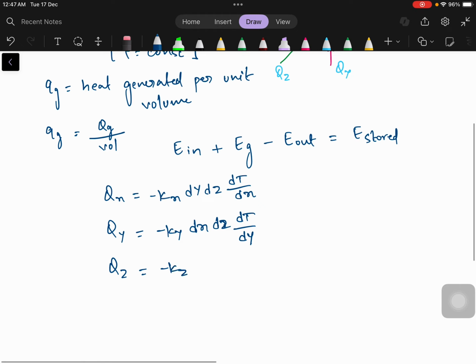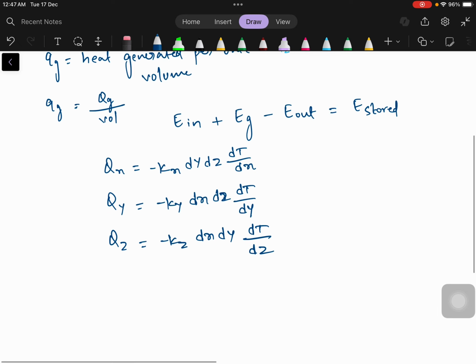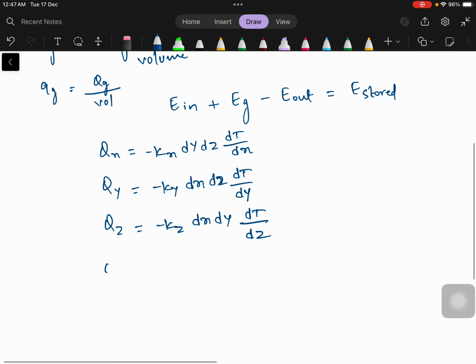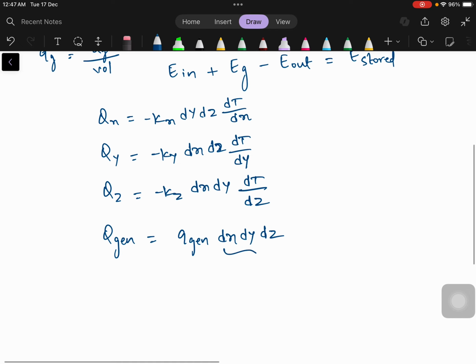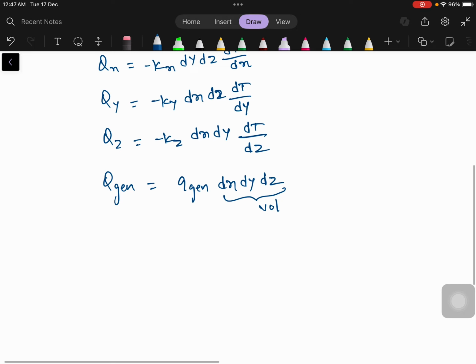Qz is minus Kz dx dy del T by del z. Q generated is q generated dx dy dz, that is, the volume of the cube.